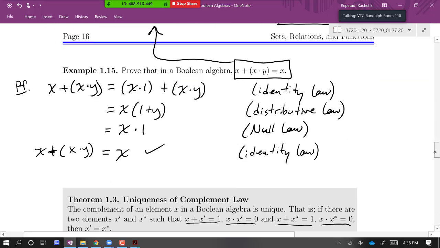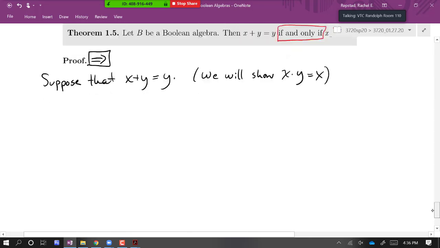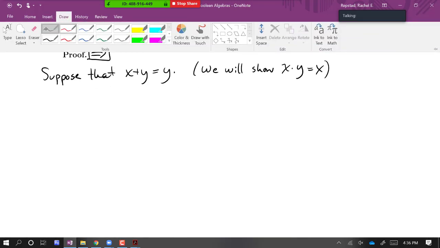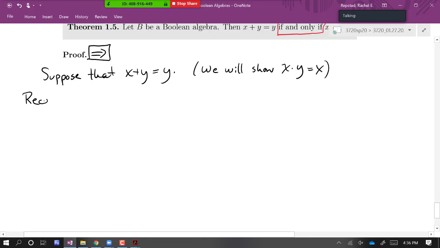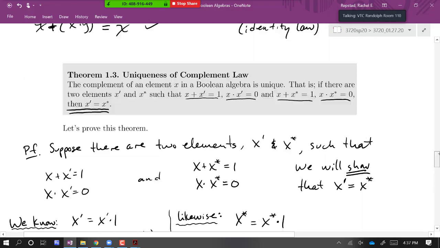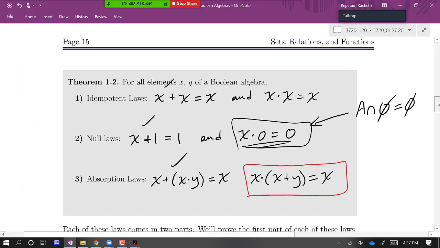I'm going to just write that down for our reference. Theorem 1.2.